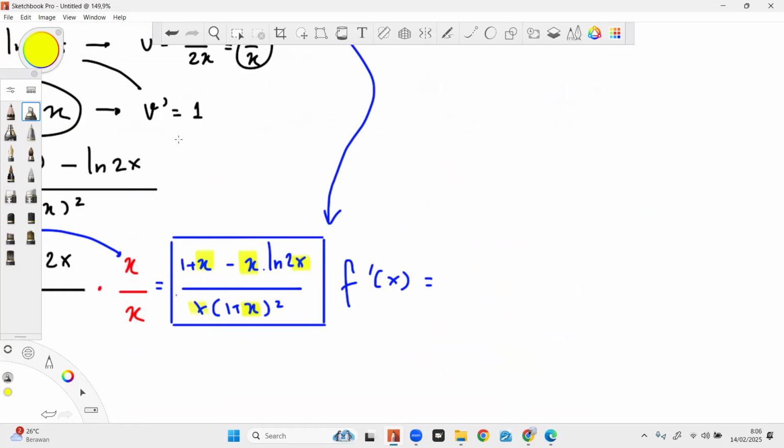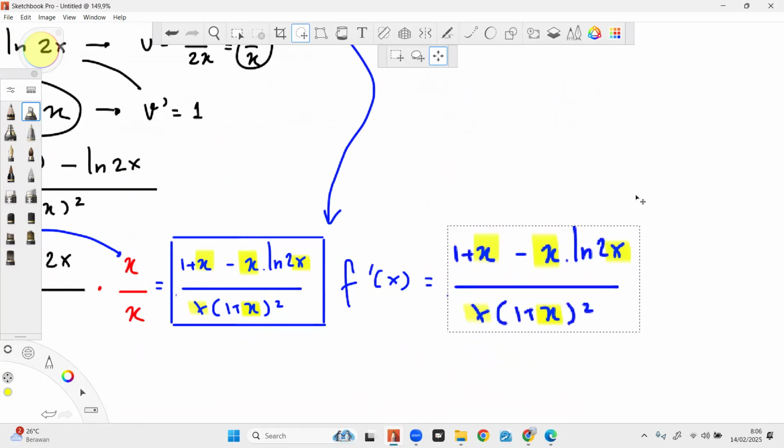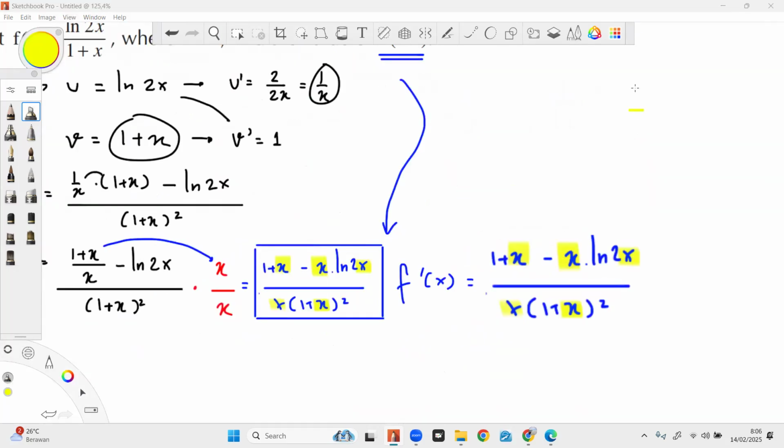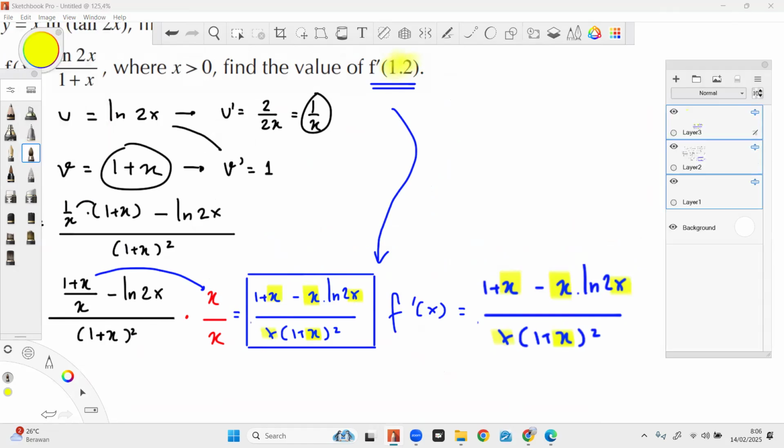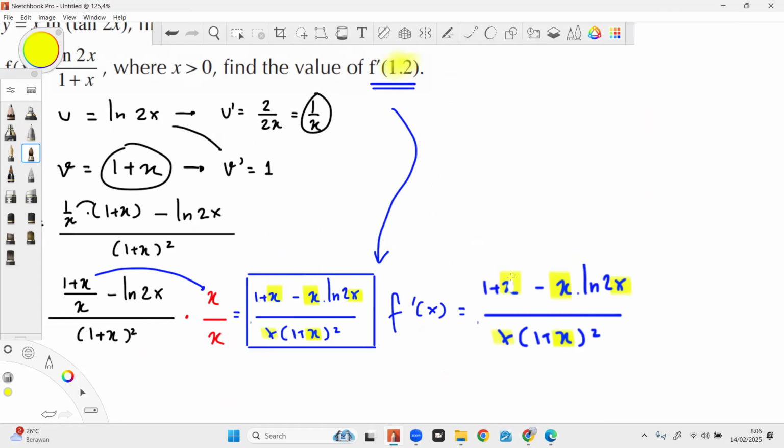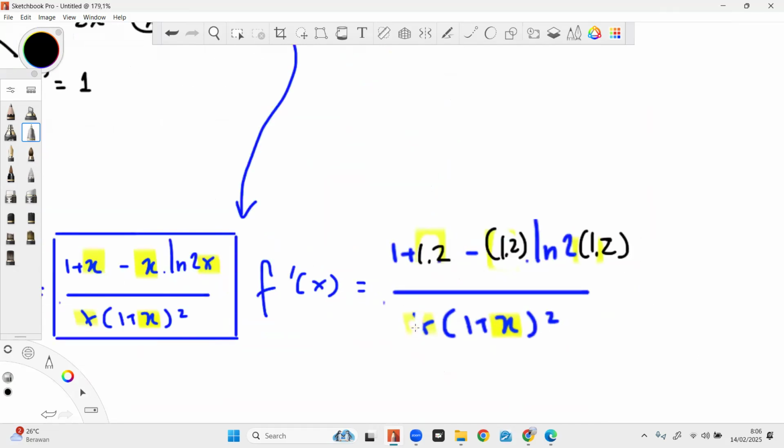You change the x by 1.2, right? You erase all the x. You change to 1.2, right? All good. You can follow the instruction.